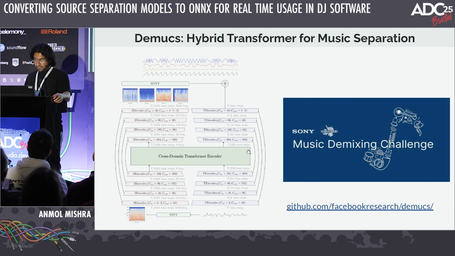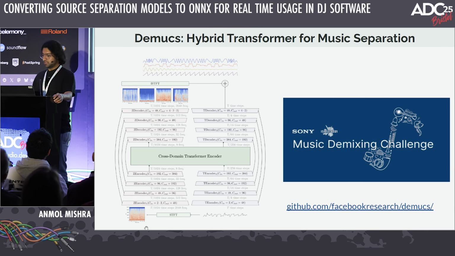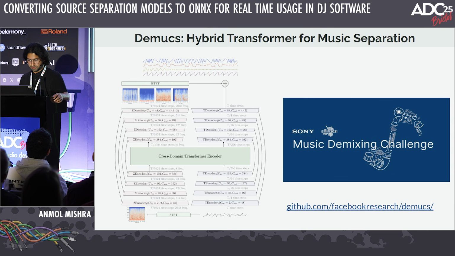There's one entire branch that operates purely on a waveform, so whatever your full track is. And there's another branch that operates fully on the spectrogram, which you obtain by doing a short-time Fourier transform. For those of you who are not aware of STFTs, I'm going to dive deeper into that later in the slides. So 2 branches: audio only, and a time-frequency spectrogram branch.